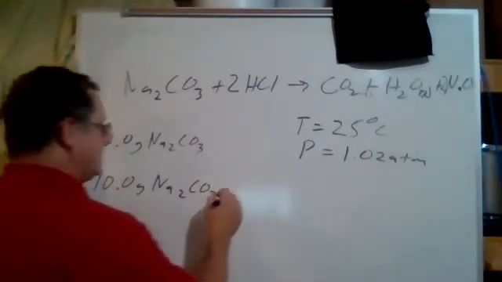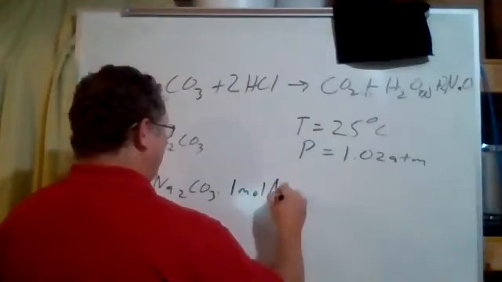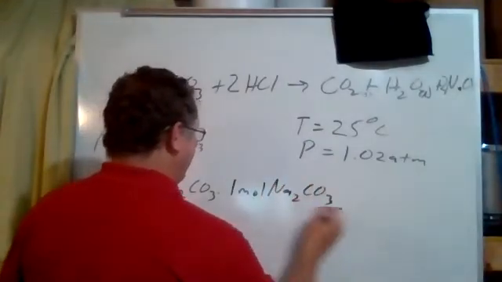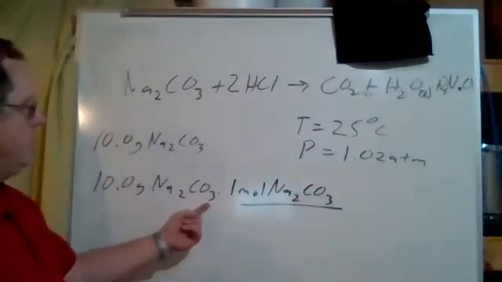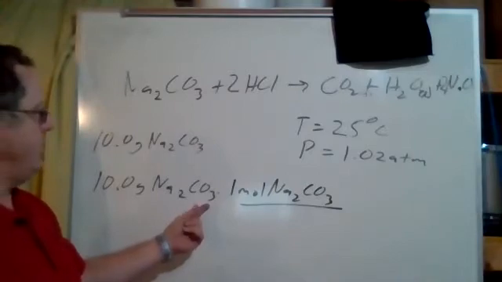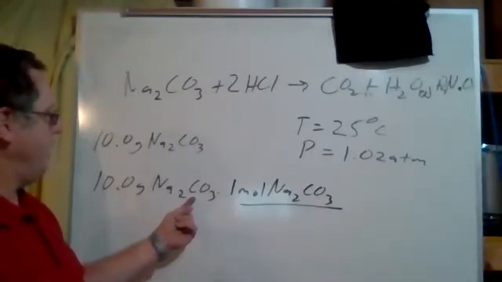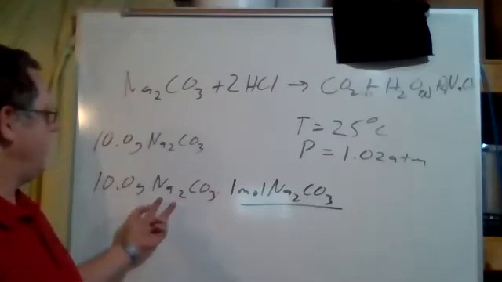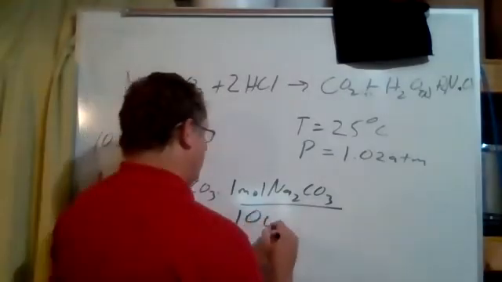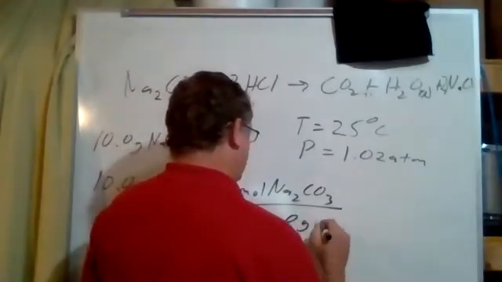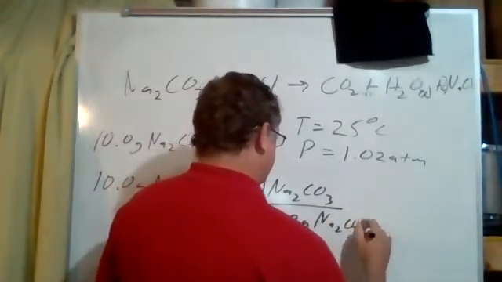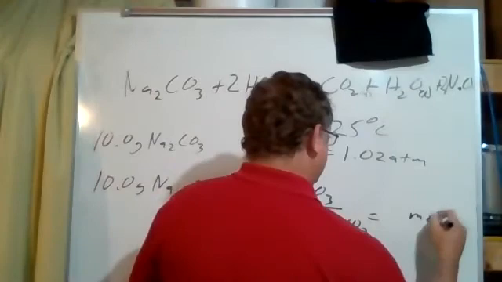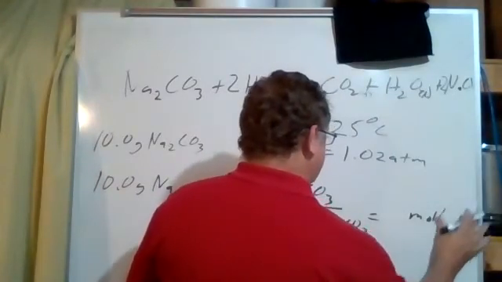And knowing the molar mass of sodium carbonate, let's see, oxygen is 16, 16 times 3 is 48, plus 12, that's 60. 60 plus 23 and 23 are 46, 106.0 grams.